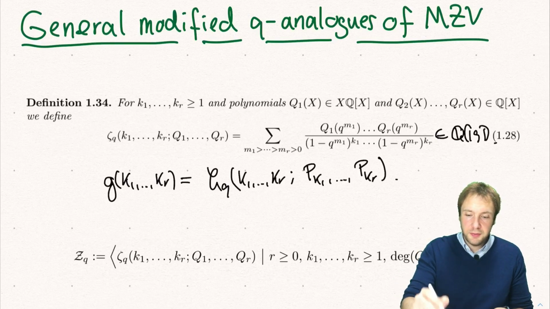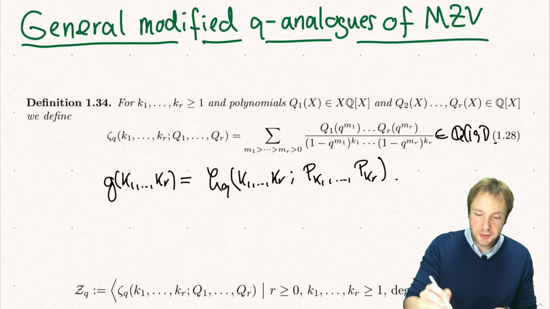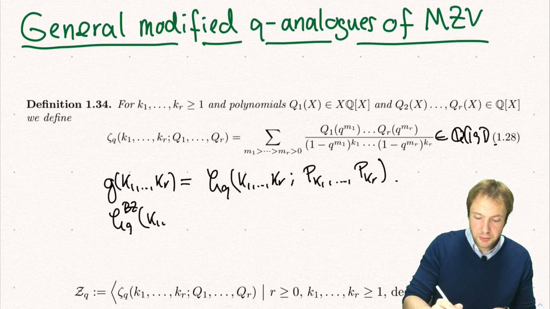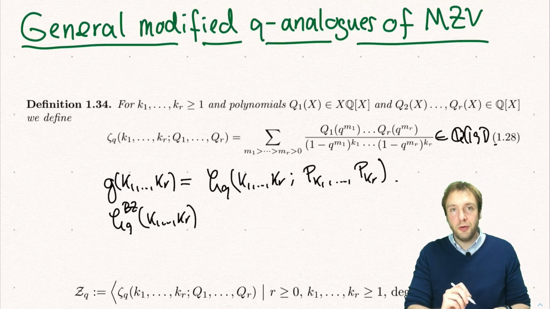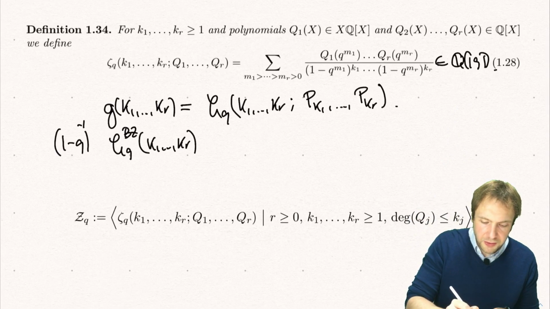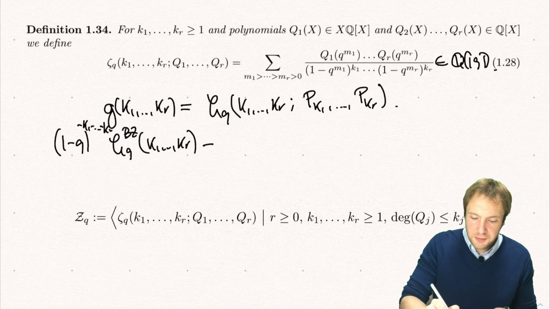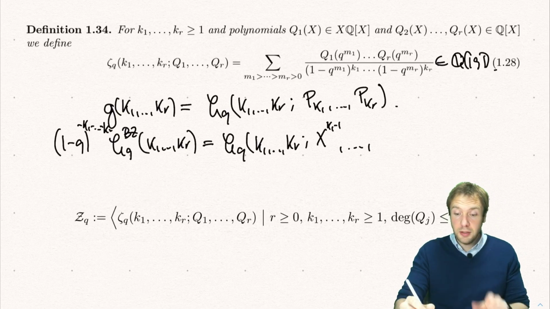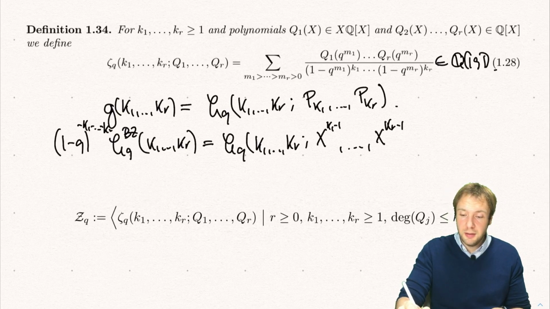And also this Bradley-Zhao model we did at the beginning, which I denoted by Bradley-Zhao, k1 to kr. So this was not a modified q-analog, it was a q-analog. But if we erase this factor, minus k1 up to minus kr, then this is just zeta_q, k1 up to kr, and the polynomials used are just x^(k1-1) up to x^(kr-1).